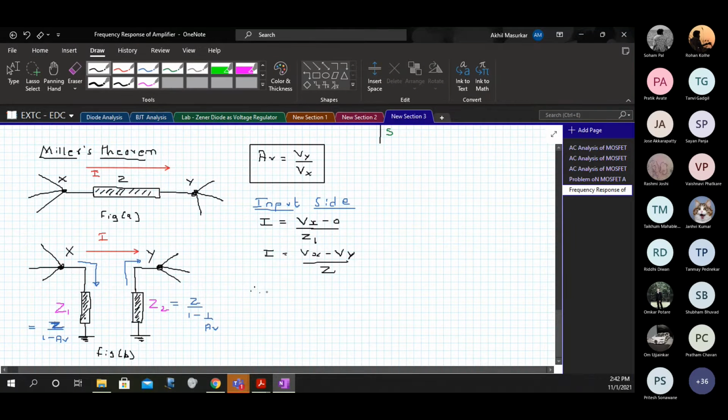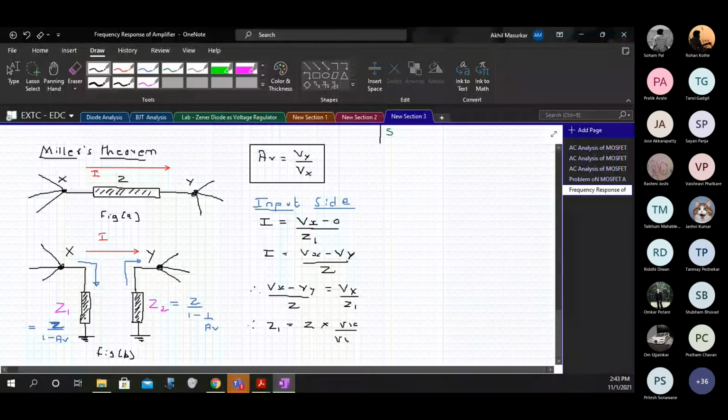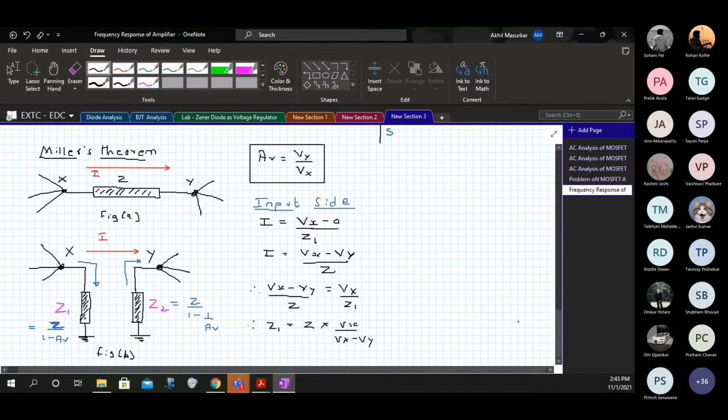So now we can say here that Vx minus Vy upon Z is equal to Vx upon Z1. So we can write therefore Z1 is equal to Z into Vx upon Vx minus Vy.